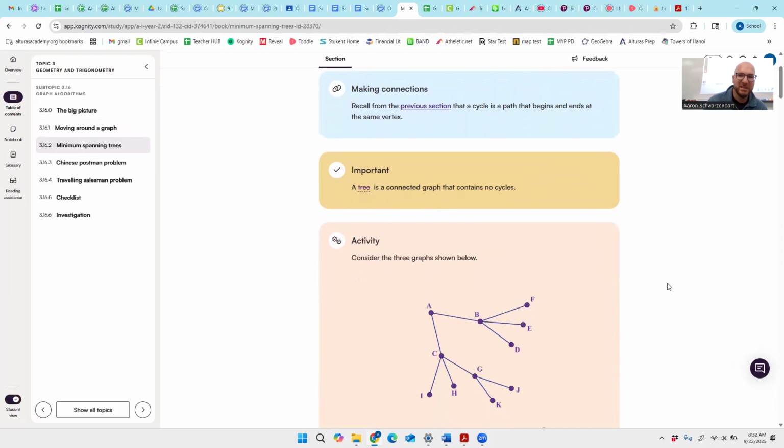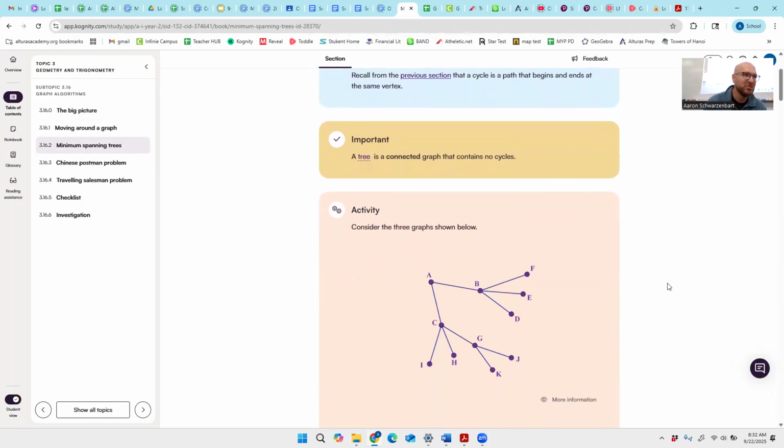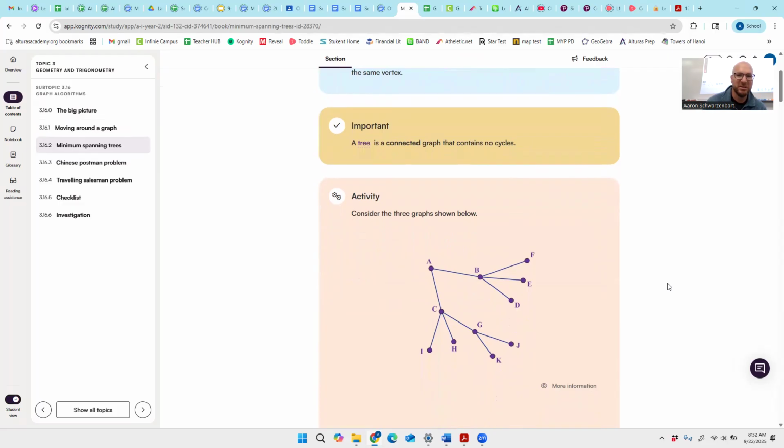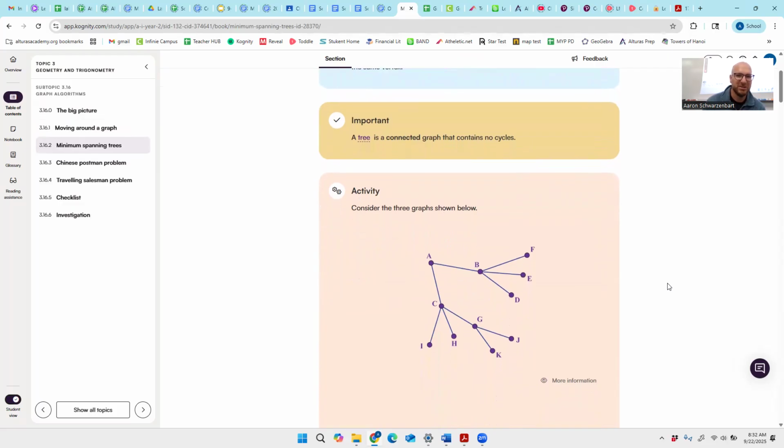A tree is a connected graph that contains no cycles. They usually look like what's shown in this activity box.